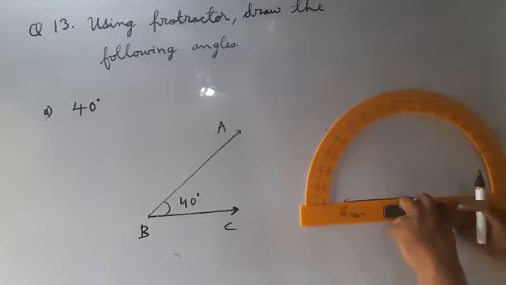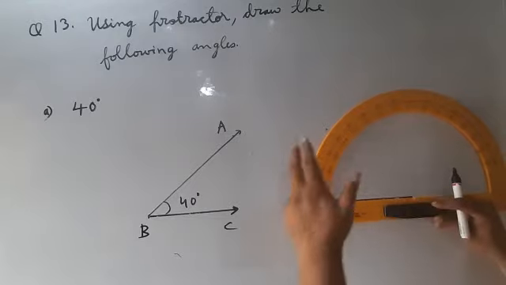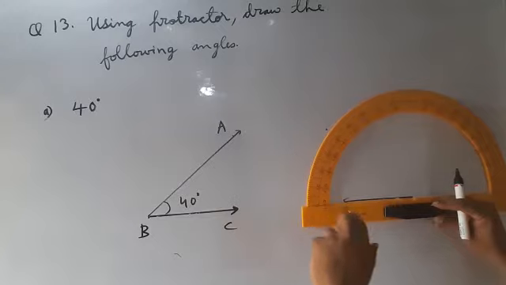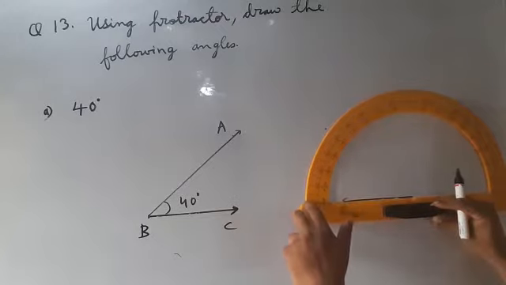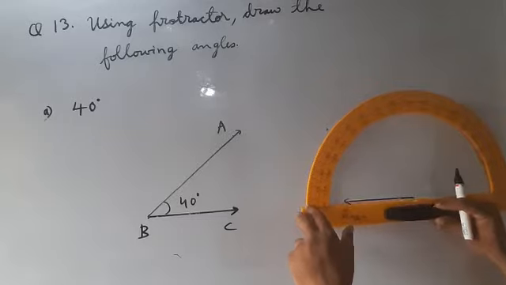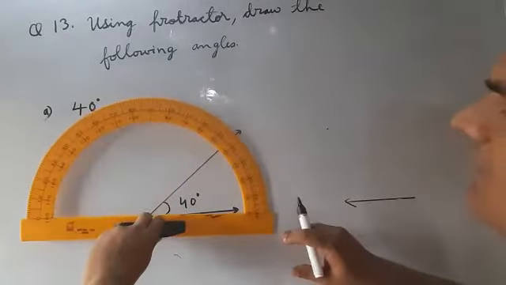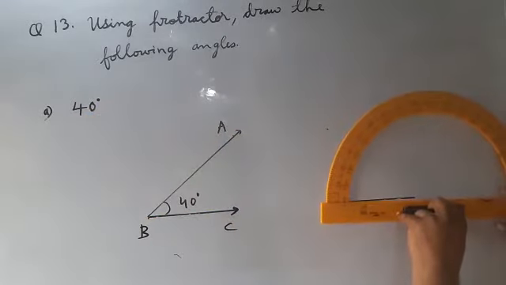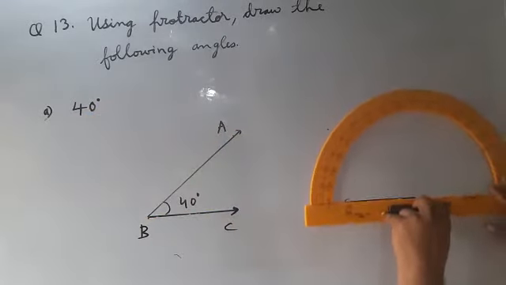One more conclusion you can make: when the ray is to the right hand side, we take the outer scale, and when the ray is towards the left hand side, we take the inner scale. Now this will be a baseline, a simple concept.